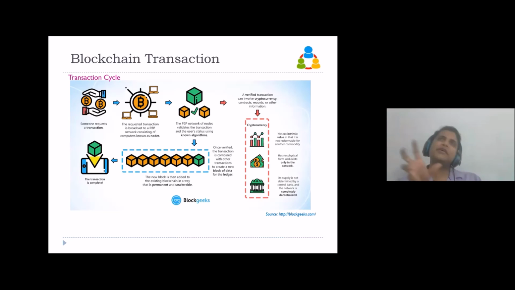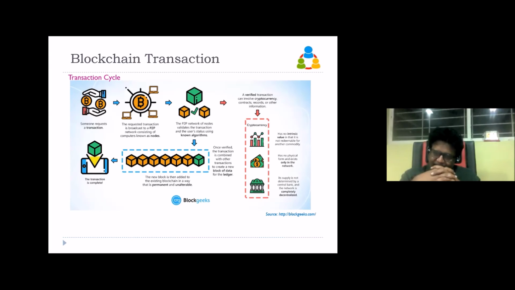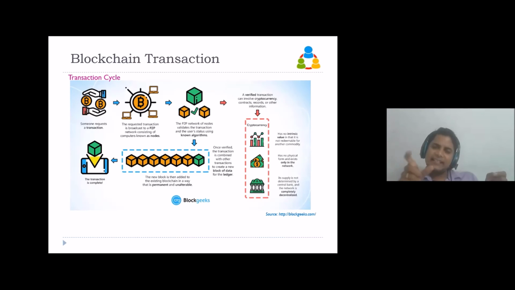See, buying Bitcoin happens through exchanges. That is, you are giving your fiat currency, your Indian money, and that is happening through exchanges. A blockchain transaction happens only through Bitcoins or any cryptocurrencies.